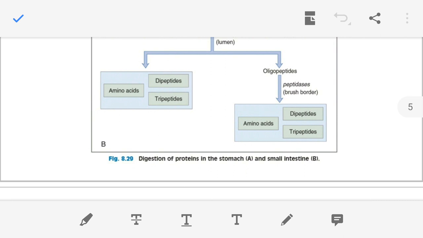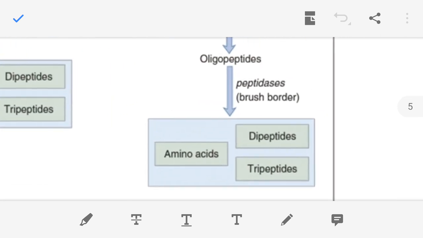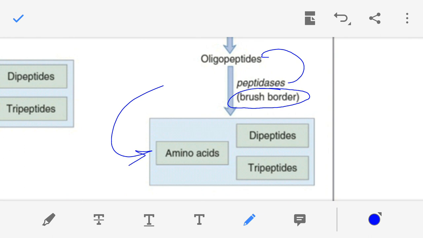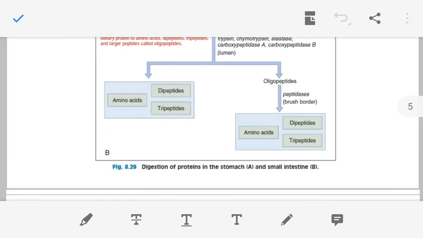And these oligopeptides are acted upon by peptidases, which are present on the brush border. These peptidases act on oligopeptides, converting them into amino acids, dipeptides, and tripeptides.